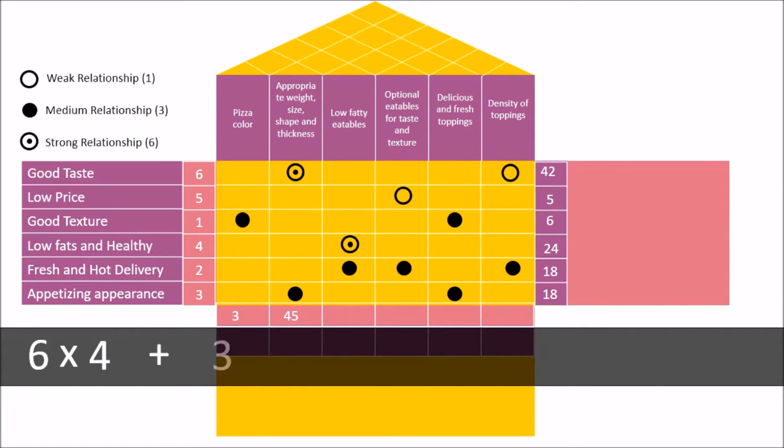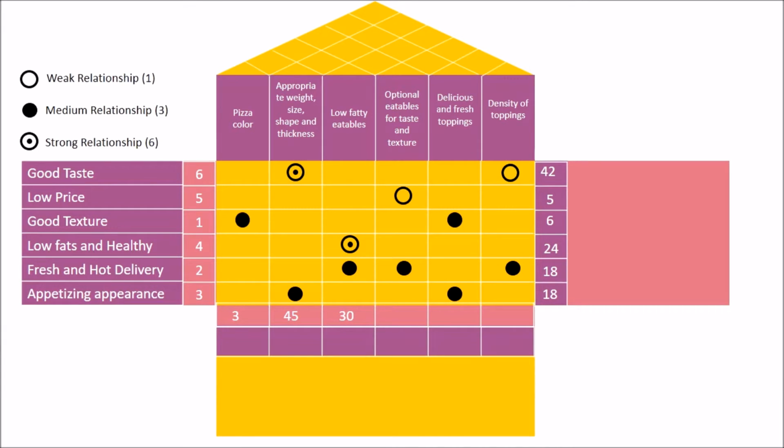And I'm going to multiply it with the corresponding importance rating, which is 2. I'm going to add both and I'm going to get a 30. So the calculated value for the third column is 30. We are going to do the same thing for the next 3 columns and we're going to get these values: 11 for the fourth column, 12 for the fifth column, and 12 for the 6th column.